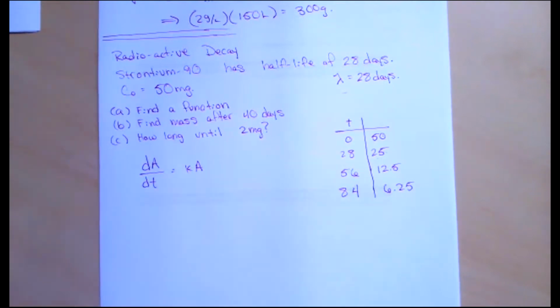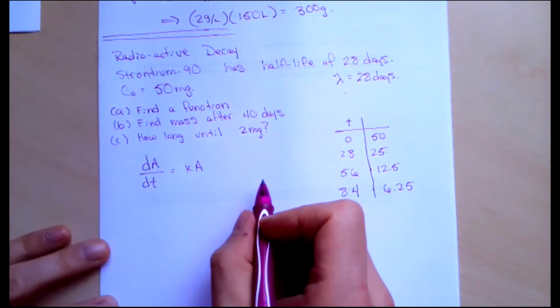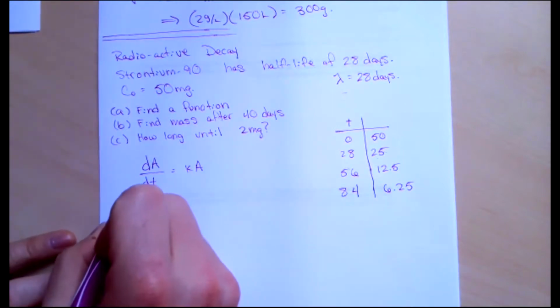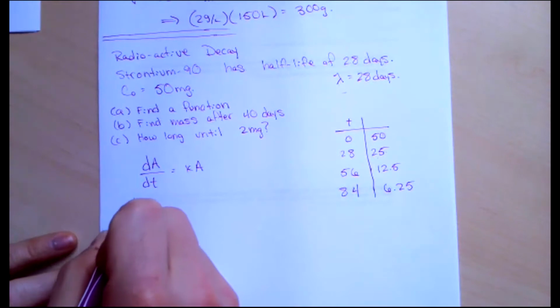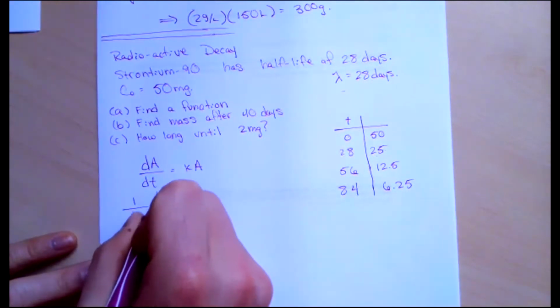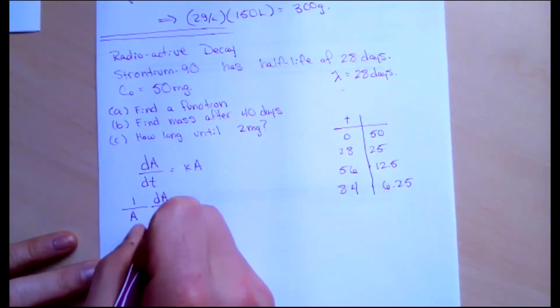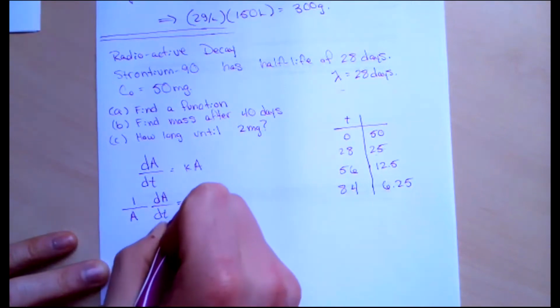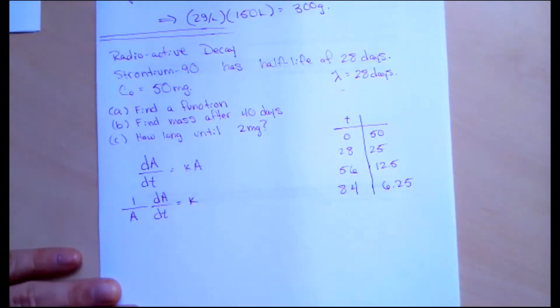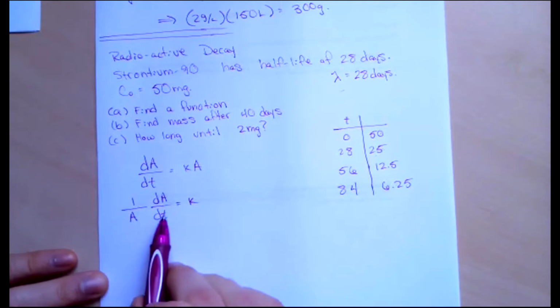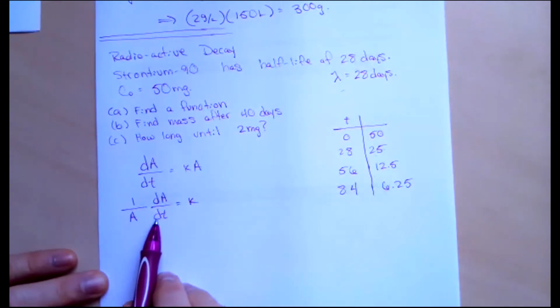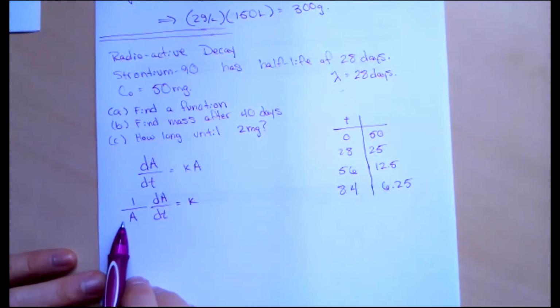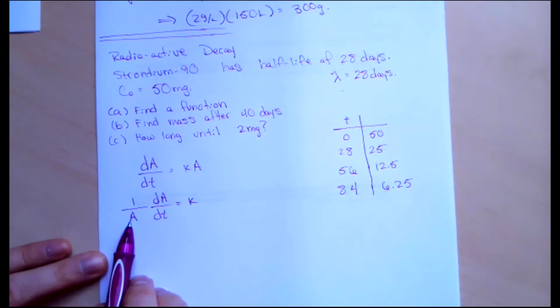K is usually called our growth rate or our constant of proportionality. I think the other term that the book uses, sometimes the book will write the differential equation like this. And if you look at it this way, this is the rate of growth relative to the current population.